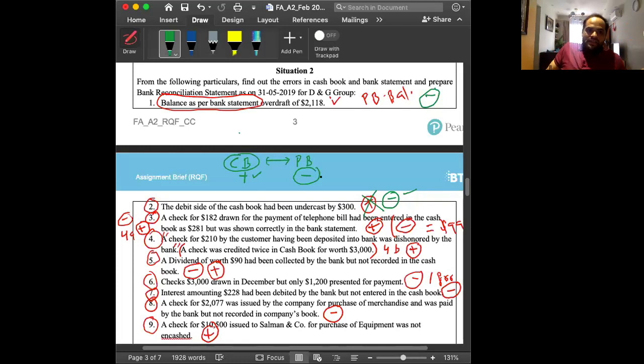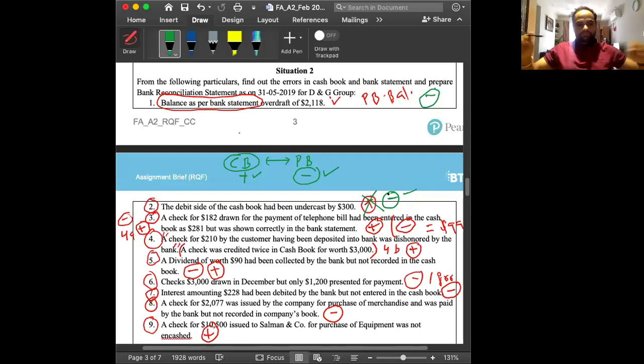Opposite means if you add in a question where balance starts with cash book, you will minus in a question where balance starts with passbook. This question, situation 2, starts with balance as per passbook. So by that reason, we will minus. That's why minus here.